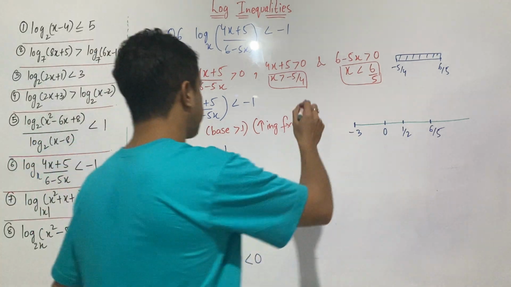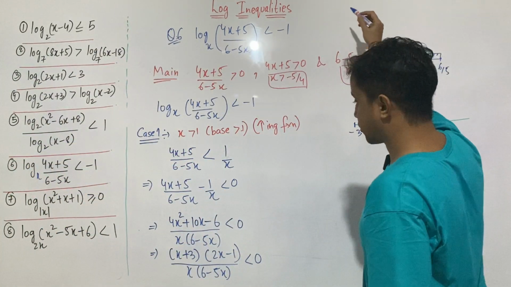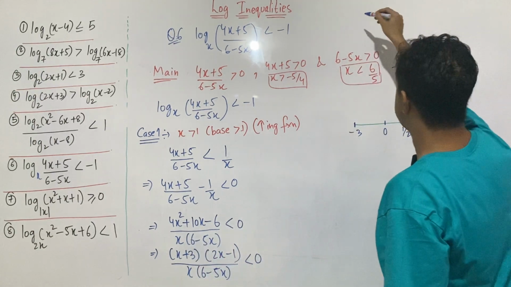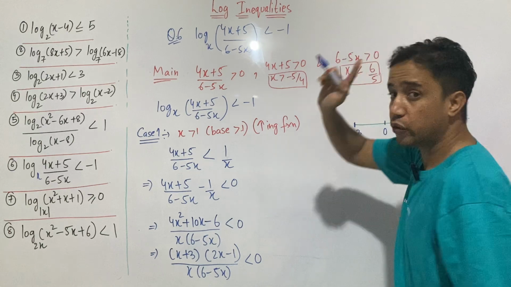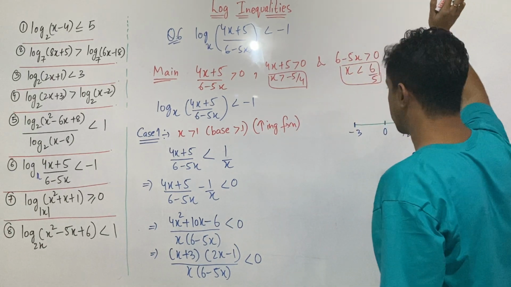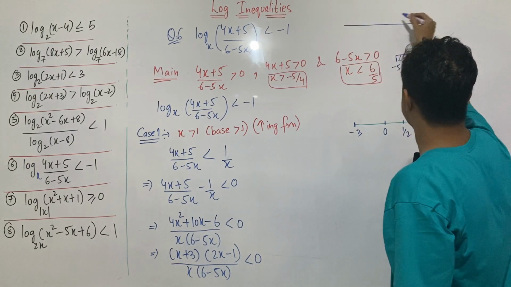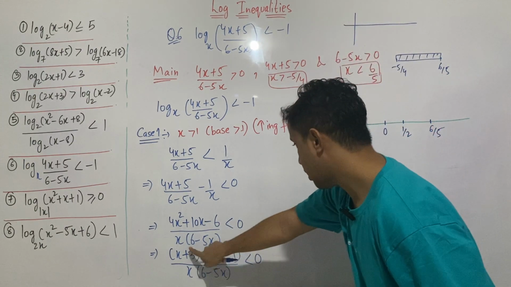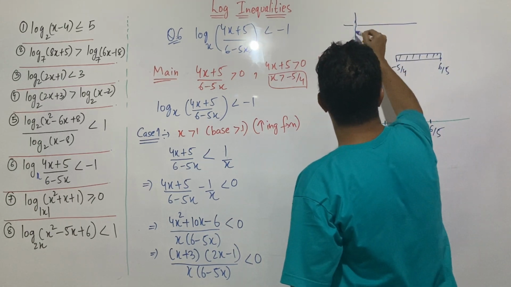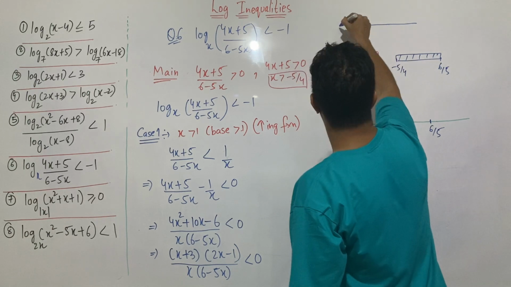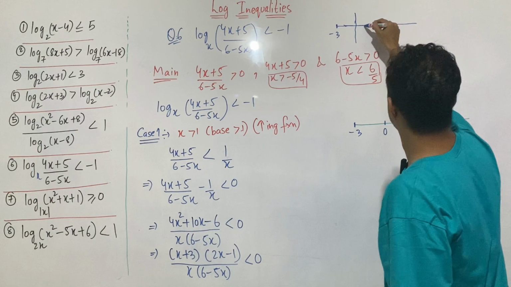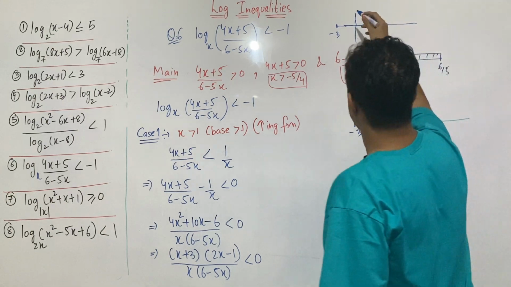For example, 4x squared plus 10x minus 6. I've got 2 points. These are the zeros. If you know the graph of a quadratic equation, then you understand what I'm trying to say. I'm going to get one root at -3 and the other at 1/2.